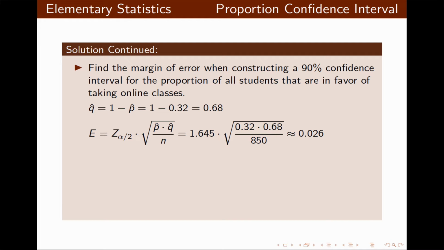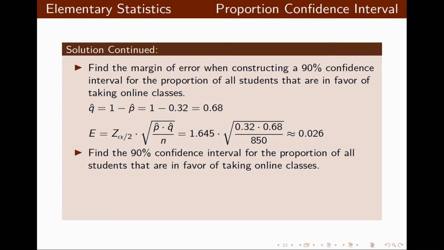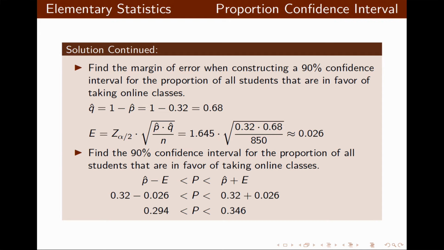The margin of error will be 0.026. Now the confidence interval at 90% confidence level would be p hat minus e to p hat plus e. And simplify this result, and our final answer is 0.294 to 0.346.